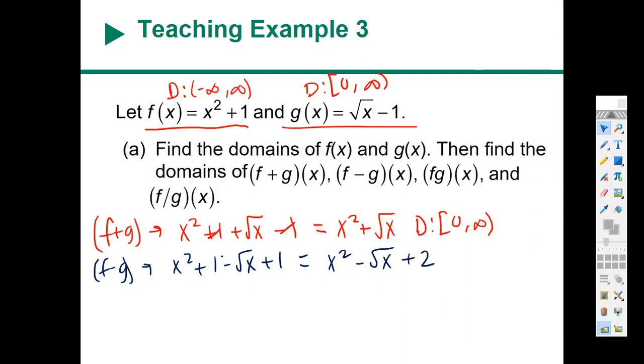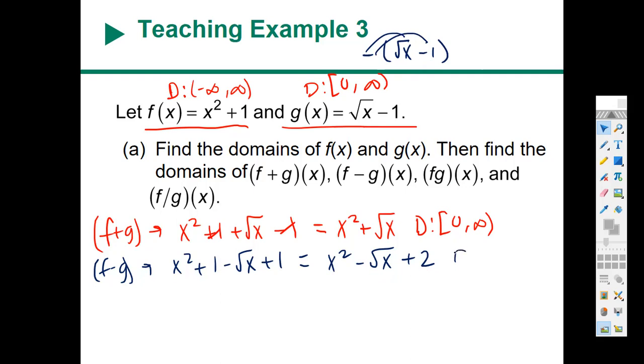Because it was addition. When you're subtracting something, you have to subtract everything. So it's subtracting this and that, which is why it became a positive. Okay, that makes sense.